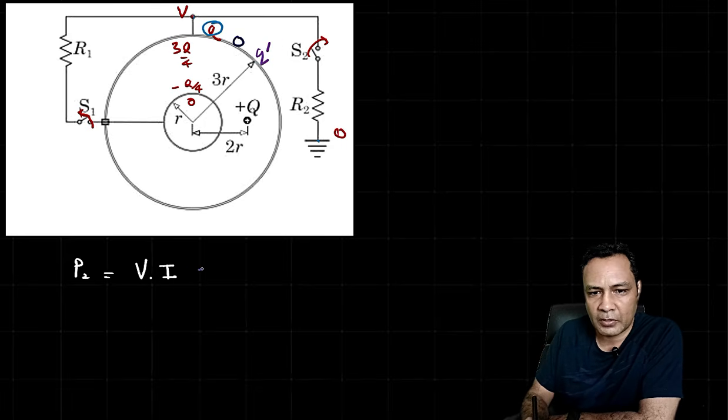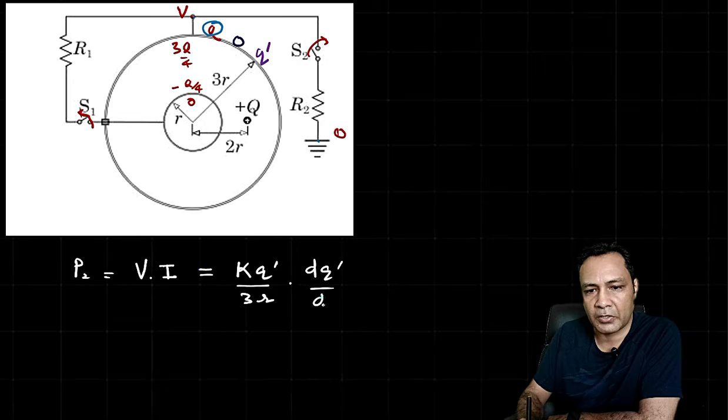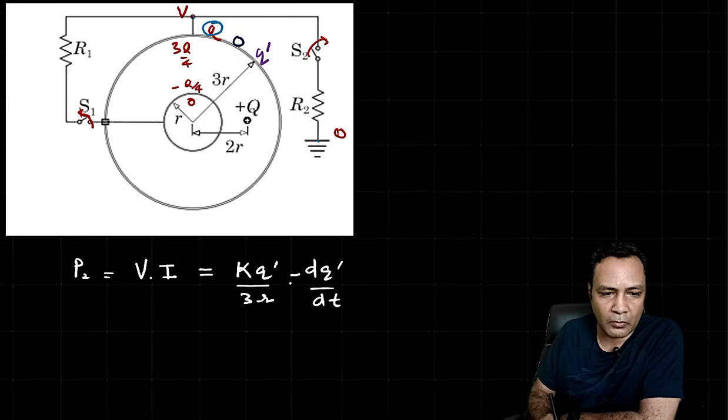So the potential of the outer shell would be simply K Q dash by 3R, and I would be dQ dash by dt. Since Q dash is decreasing, I write a minus sign.